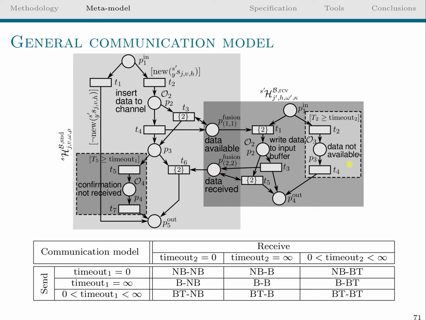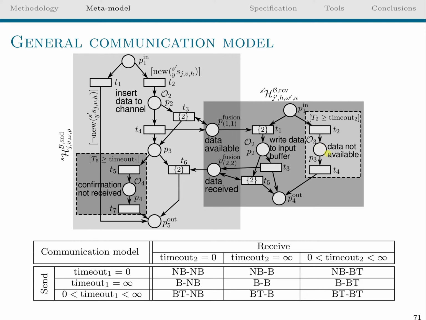And similarly, from the perspective of the receiver, whenever timeout2 is 0 and we are ready to receive data here, but the data is not provided, we fire this transition and we update the information within the state of the subsystem.